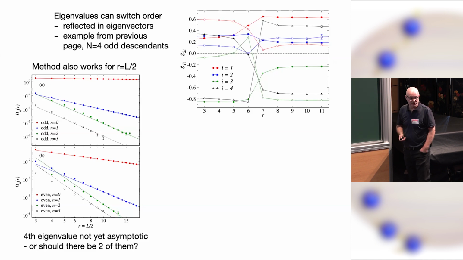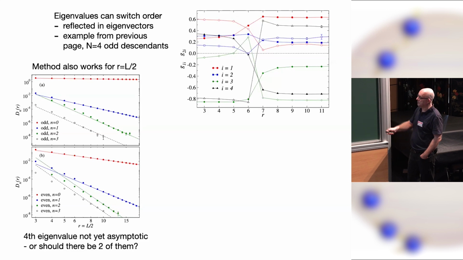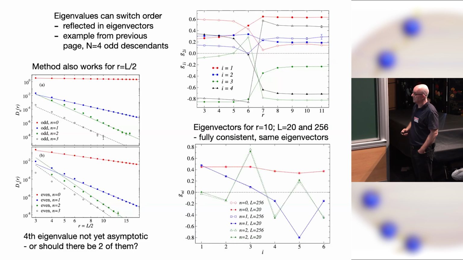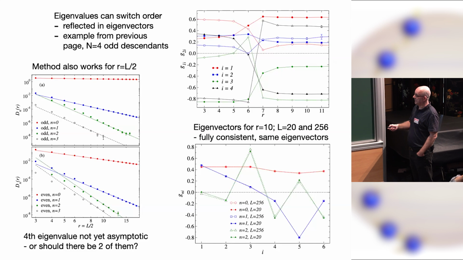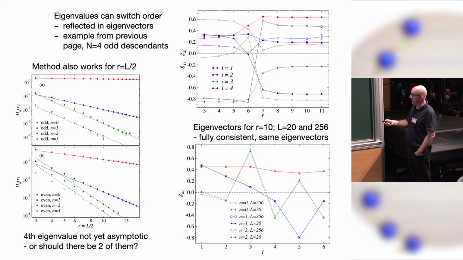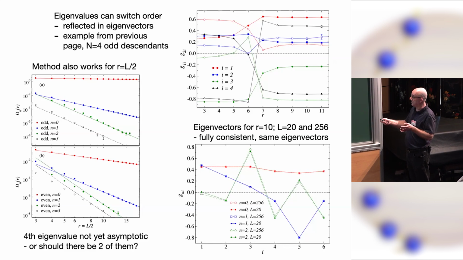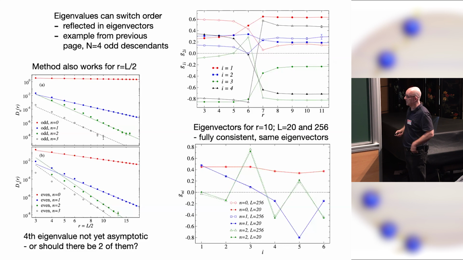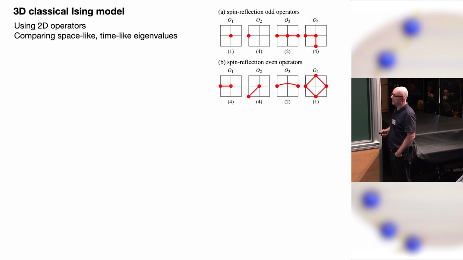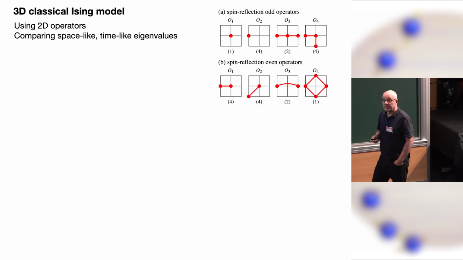I'm actually not really sure. But anyway, the first 3 are okay. And this is to show that if you look at the eigenvectors, either for a small system or a big system, but at the same distance, the eigenvectors actually look exactly the same, modulo statistical errors.